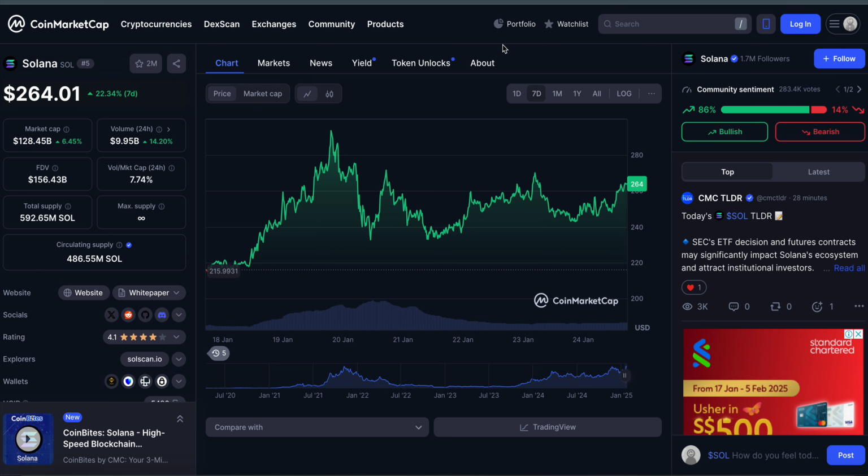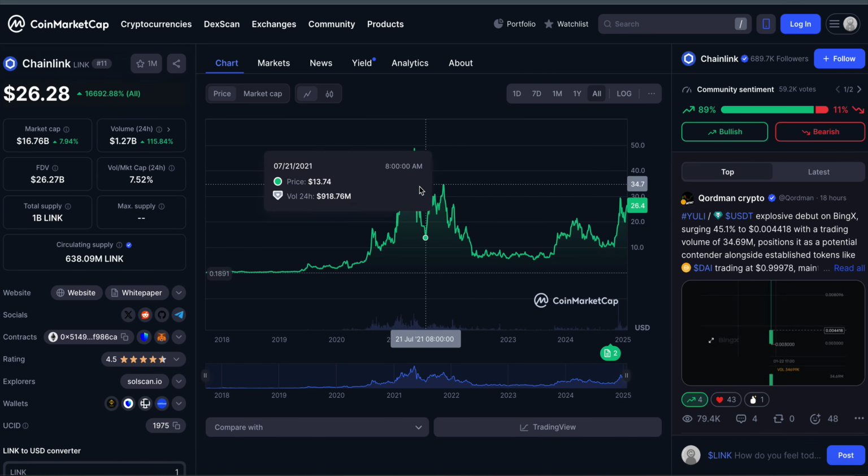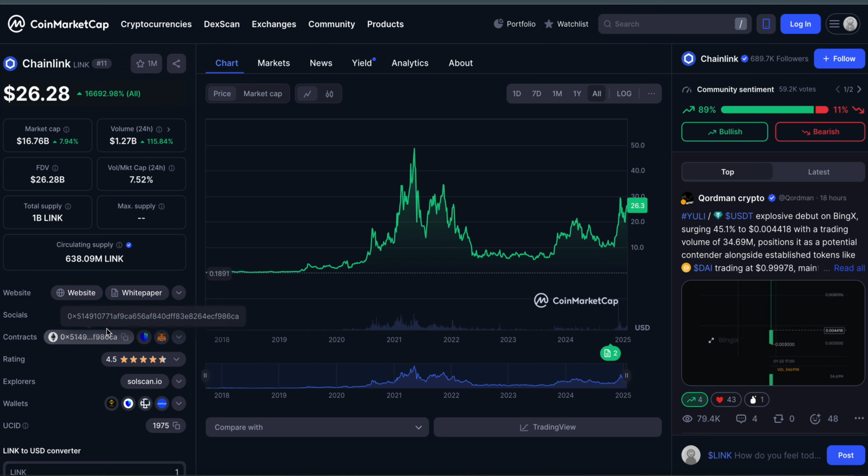So $100 in XRP, $100 into Solana, $100 or $500 into Bitcoin, and now we're going into Chainlink. So Chainlink has had an all-time high of around, I think, $48.62. So it's about half that right now, and that was back in 2021. So putting $100 into this Oracle here, this is an altcoin. It is on the Ethereum network.